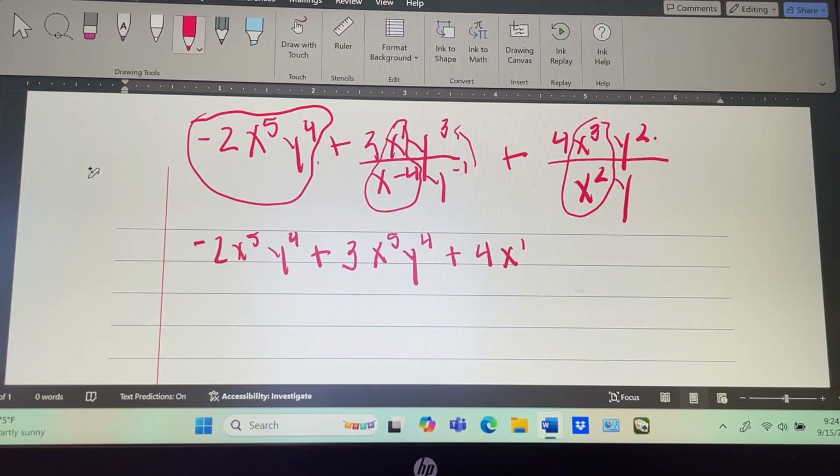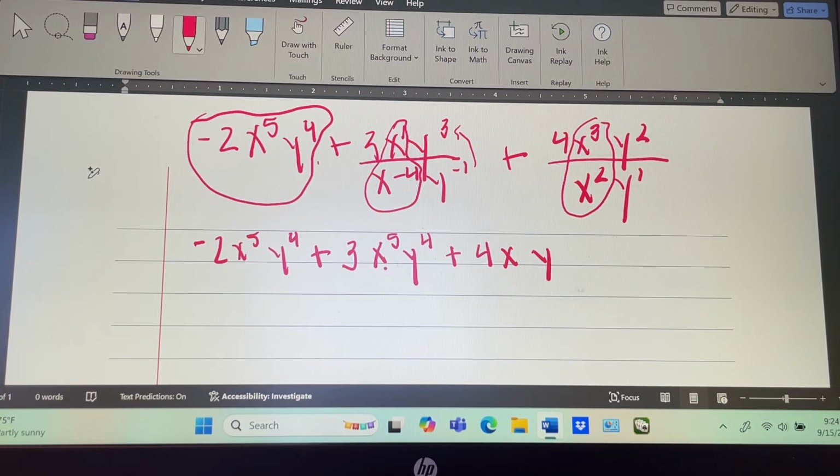We're going to bring 1 up because there's an understood 1 and subtract it, and that becomes y to the 1. Okay, there's nothing left in any of these terms that we can simplify. Nothing we can do in this first term, nothing we can do in the second term or the third term. The only thing we can do in that third term is take out these 1s because we don't need them.